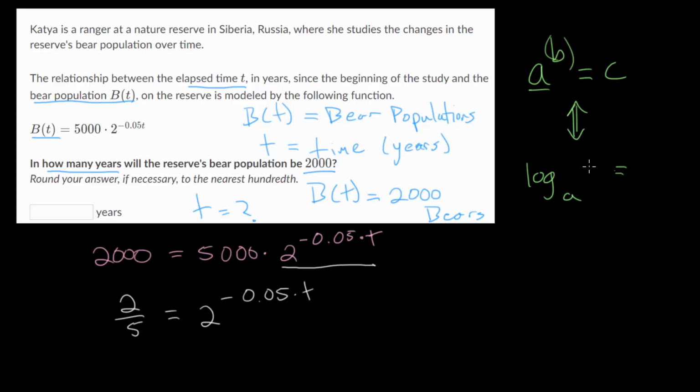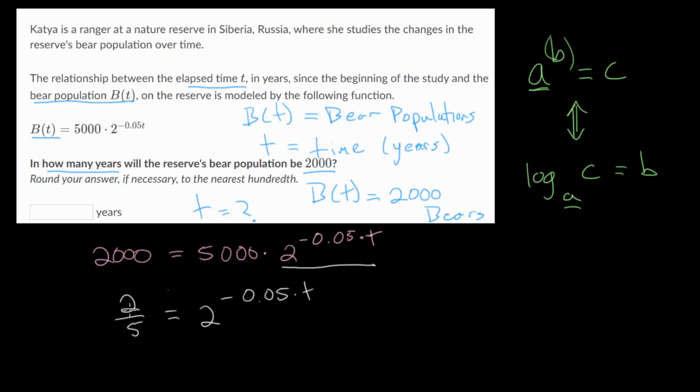So the logarithm of our input is equal to b, and the input of the logarithm is what the exponential equation is equal to. So this would be log base a of c is equal to b. But the best way to remember this is that they have the same base, and to remember that logarithms are exponents. So the logarithm will be equal to whatever your exponent was up here.